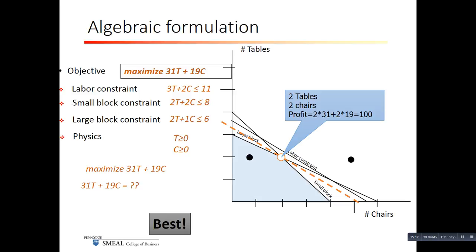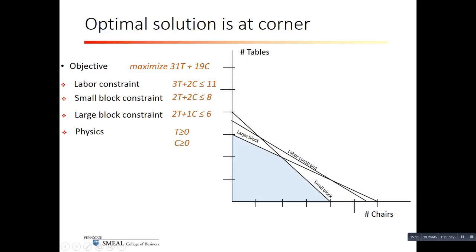If you observe closely here, the optimal solution is only going to be at a corner point, because if it's in the middle, there's always a chance that you can move the objective up or down. There is a very famous theorem in linear programming that the optimal solution is always at a corner.